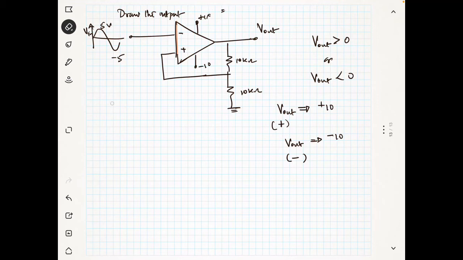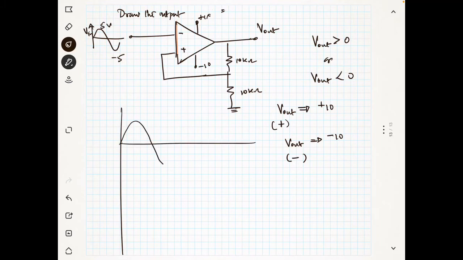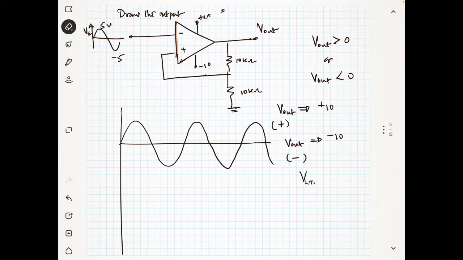Now I will first draw the input. Now I will just draw VLTP and VUTP. VLTP is equal to minus 10 divided by, because VLTP means lower trigger point, so we will take the minimum voltage. Minimum means maximum negative, that's it.